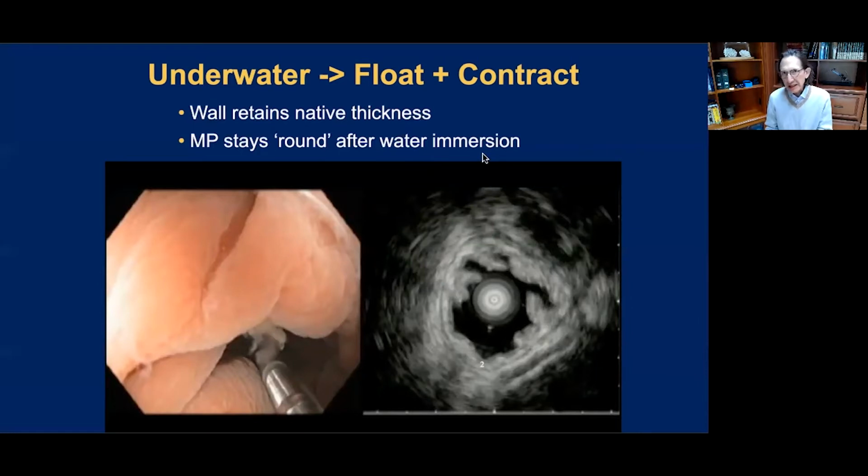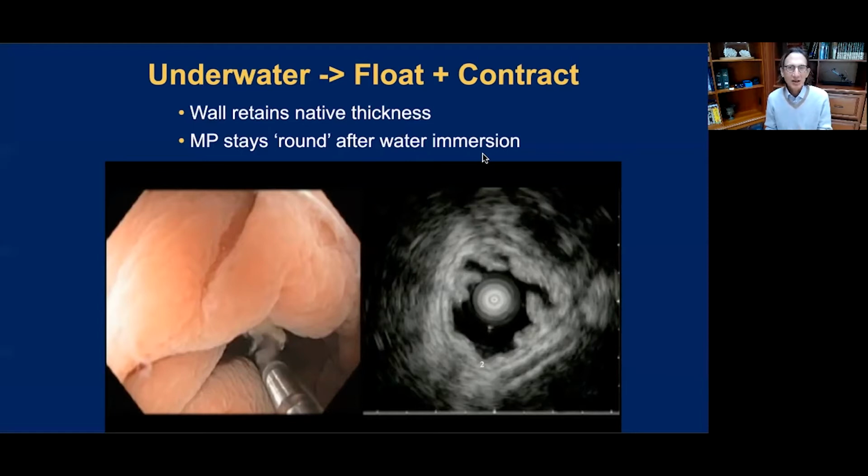So the wall thickness is somewhere in the order of between maybe 3 and 5 millimeters. But when we distend the lumen with gas, we thin out the wall thickness to about 1/3 of that diameter. So it's just a couple of millimeters that we're dealing with.